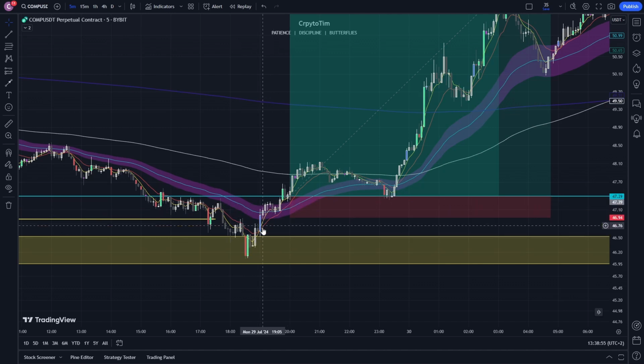Price shoots up above the 50 EMA, retests the 50, bounces back off. And then you can see from there this is really a bullish sentiment. So for me this was reasoning enough to enter a market trade. So I jumped in with a market order here.